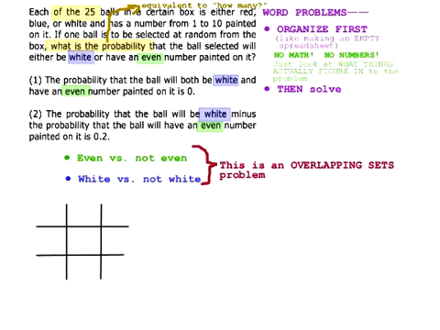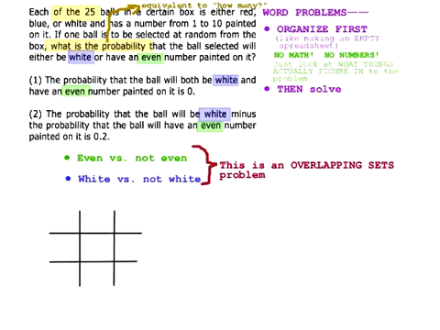In fact, how many grids should I make? How many physical grids should I draw? Nobody?